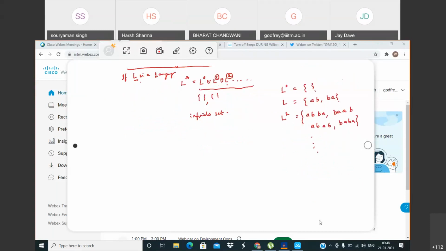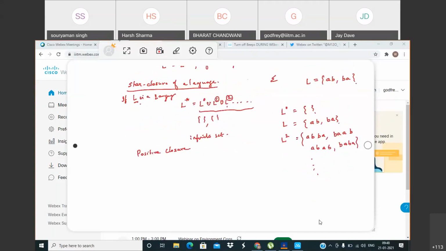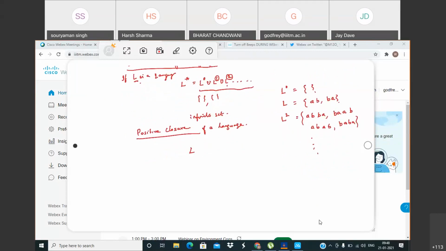Now you also define another thing called the positive closure of a language, which is defined as L plus. Just like we had sigma plus, in L plus you don't have L power 0.